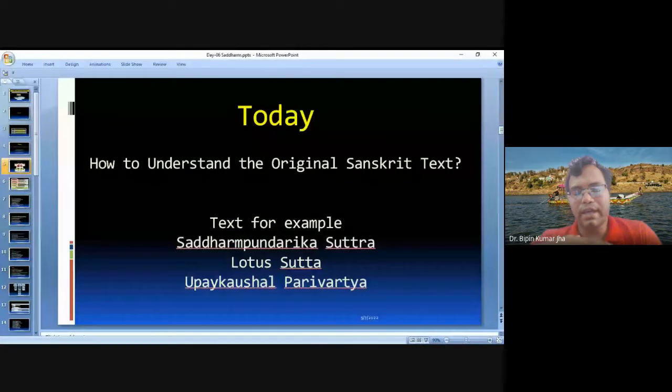Like that, when you are knowing yourself, at that time you will not be affected by all these matters which are in this world. This is the main content of this text.